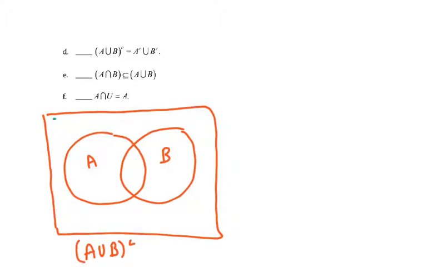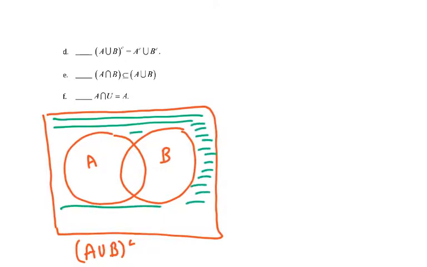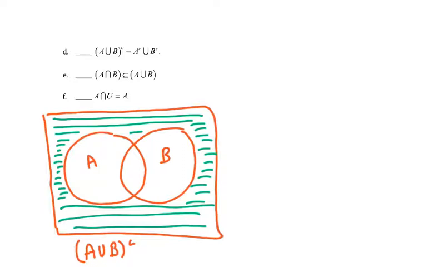Well, that's everything outside of A and B. It's also equivalent to you take away the set A union B. Sometimes that can be useful.